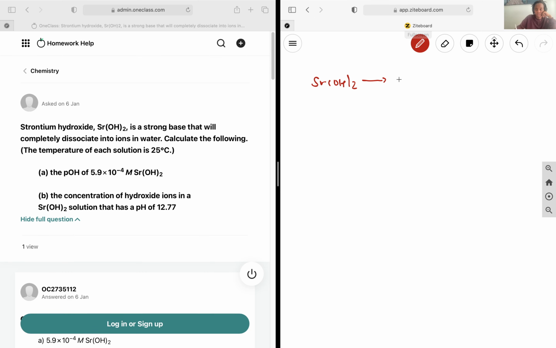So it completely dissociates into Sr 2 plus and 2 OH minus. Let's not forget our state symbols. In aqueous solution, and then using this we're going to develop an ICE table.